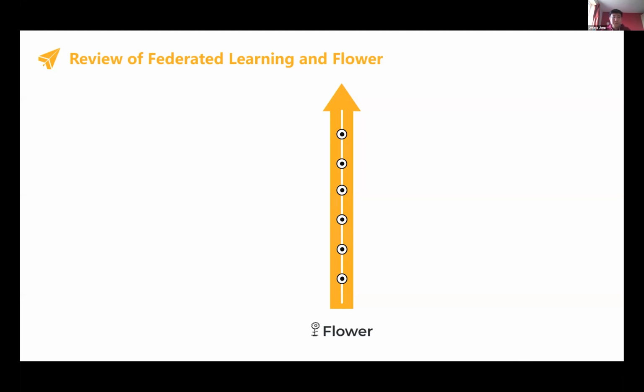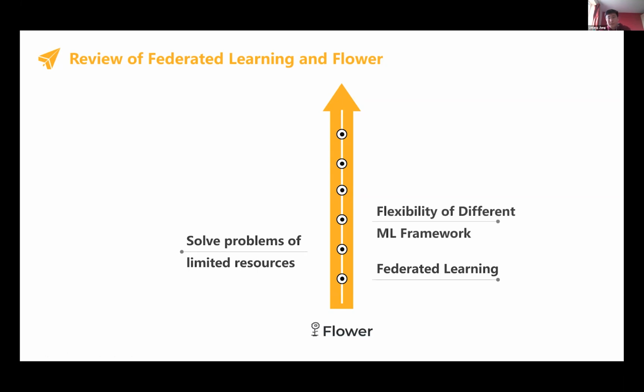So let me review federated learning and Flower. Flower is a federated learning framework which enables collaborative learning to train a shared model while keeping the independence of datasets on each edge device. So it solves the problem of limited data resources. It also supports the flexibility of different machine learning frameworks such as TensorFlow and PyTorch, and also different environments such as computer languages.